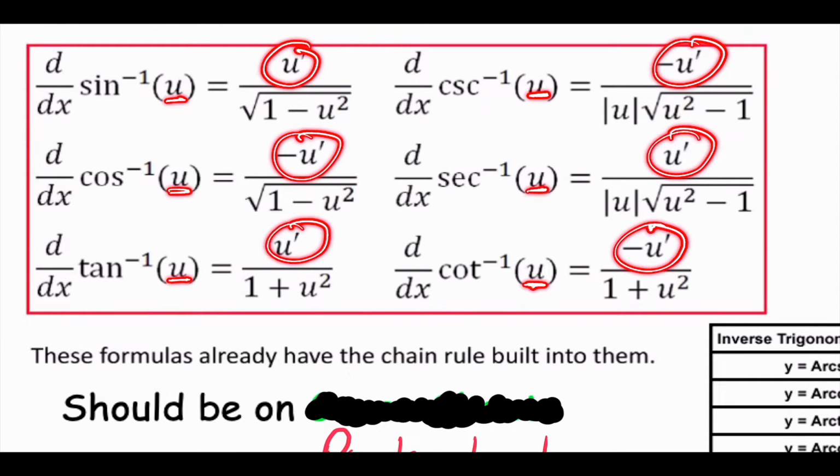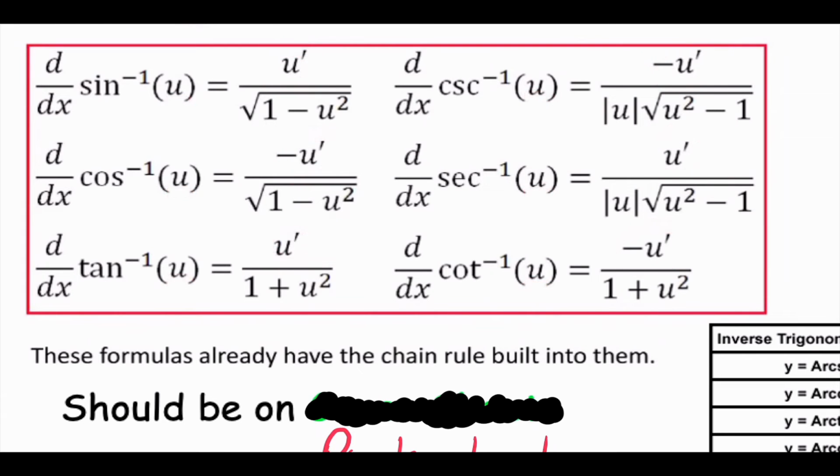Some of them have negatives, three of them have negatives, three of them have positives. Sine, secant, tangent, SST, they all have positive derivatives on top. And then the C's have the negative on top. If it has a C, it's going to have a negative derivative on top.